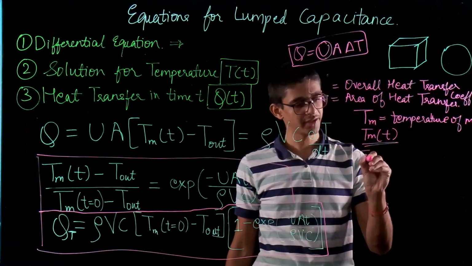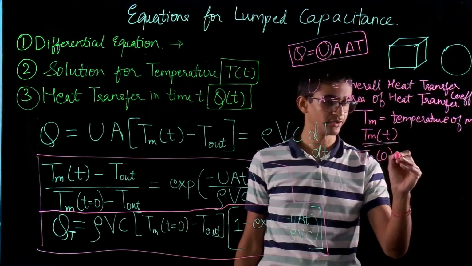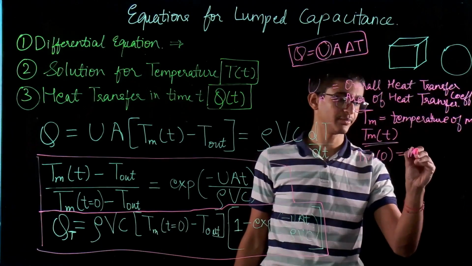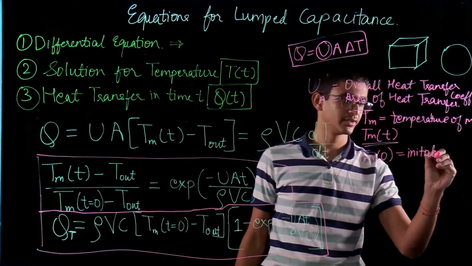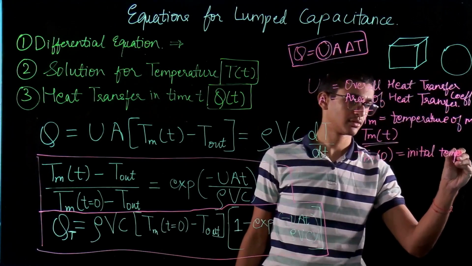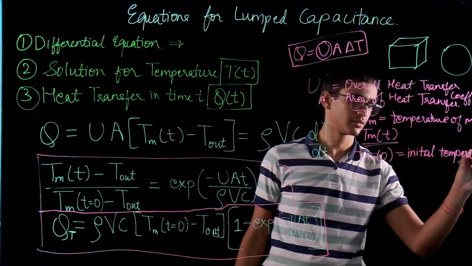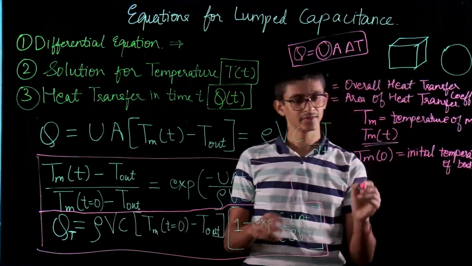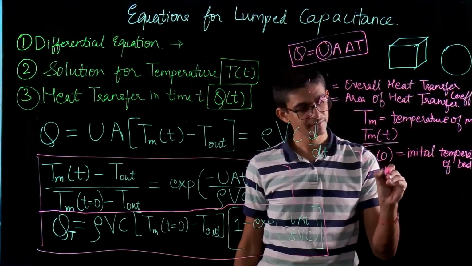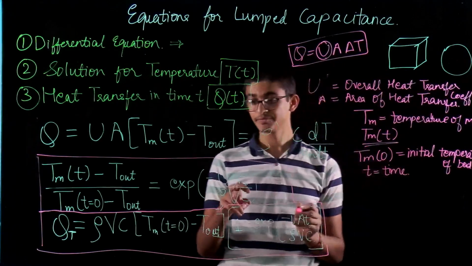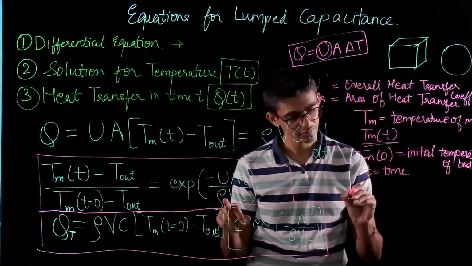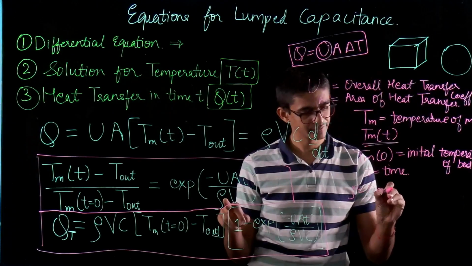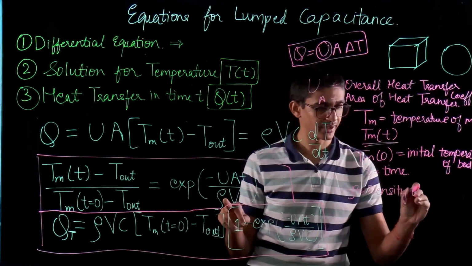Tm0 is the initial temperature of my body. Then the small t is the time, the duration. The rho is the density of my material.